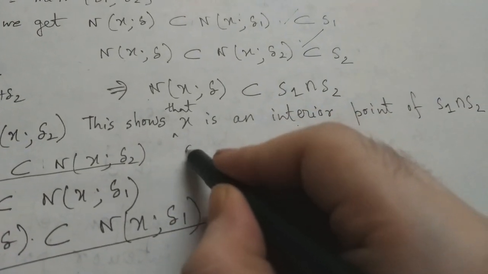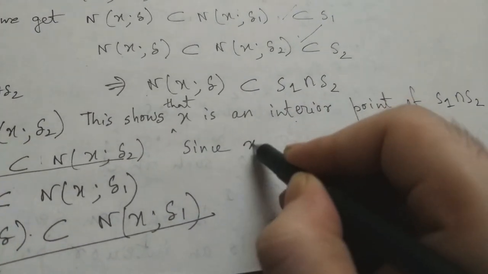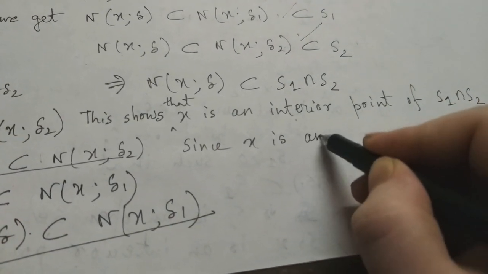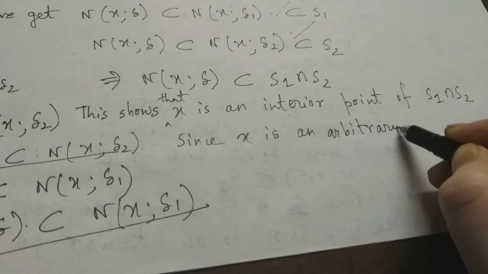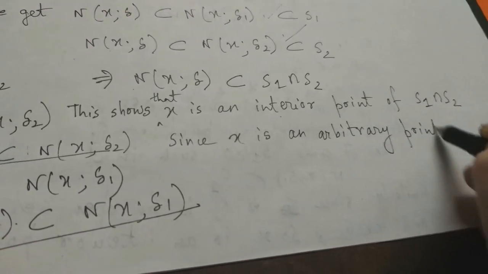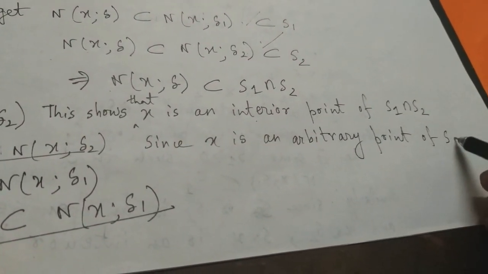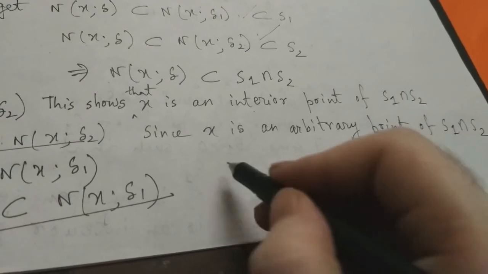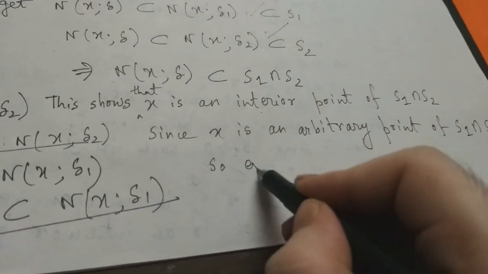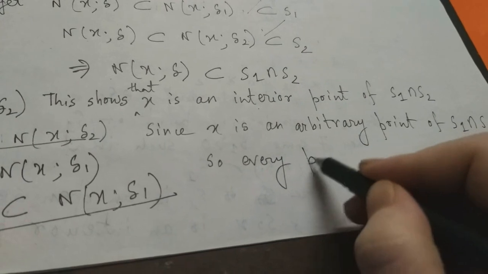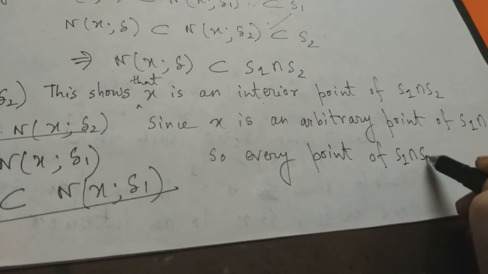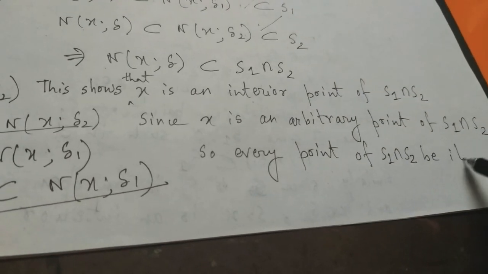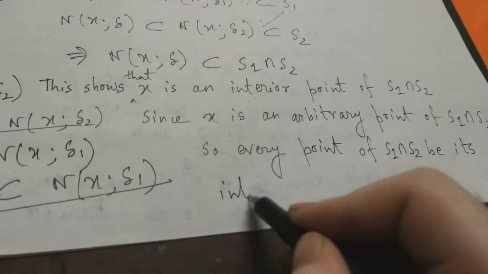Now since x is an arbitrary point of S1 intersection S2, every point of S1 intersection S2 is an interior point.